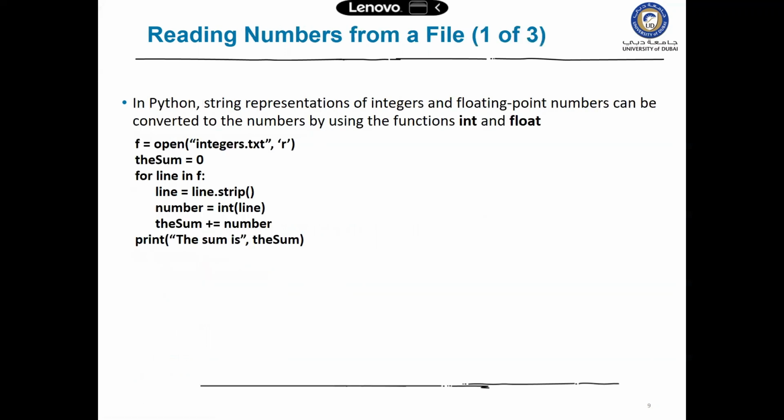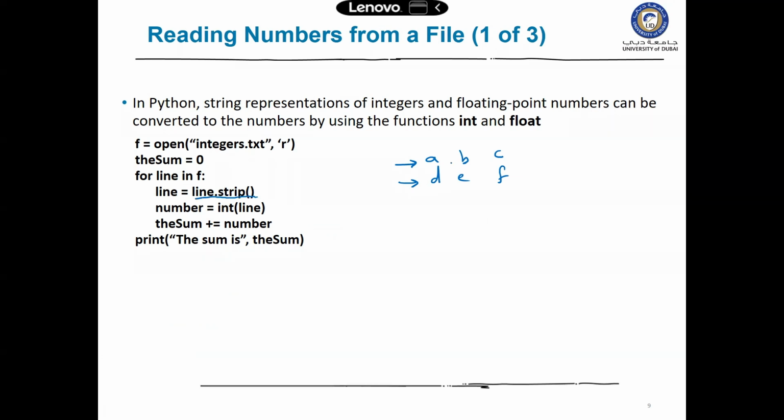A similar one here. You read line by line, but when you have spaces between the text, like assume you have a text file with A, B, C, D, E, F, and you want to access each character individually. The previous example will display A, B, C, D, E, F line by line. And in this one, for line in f, line equals line.strip. Remember this command, we have done it because it's a string.